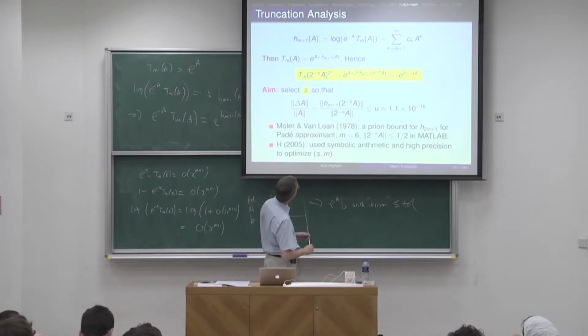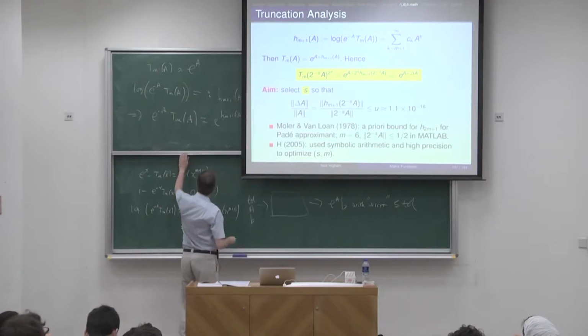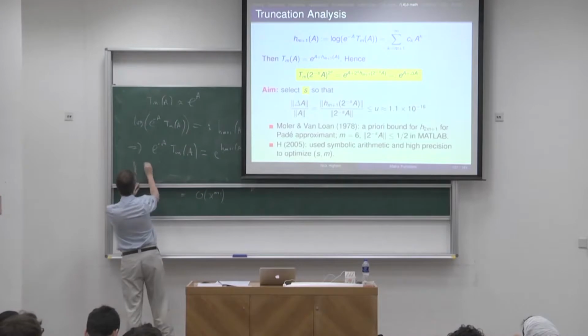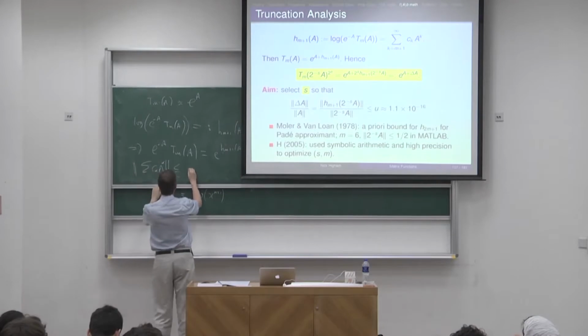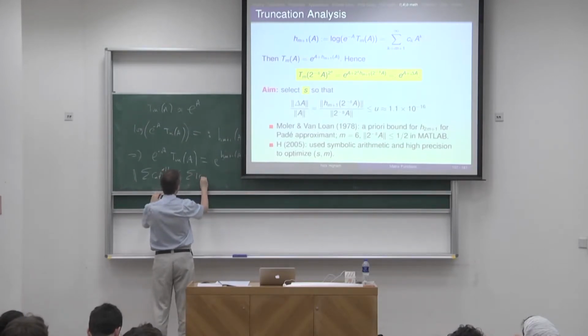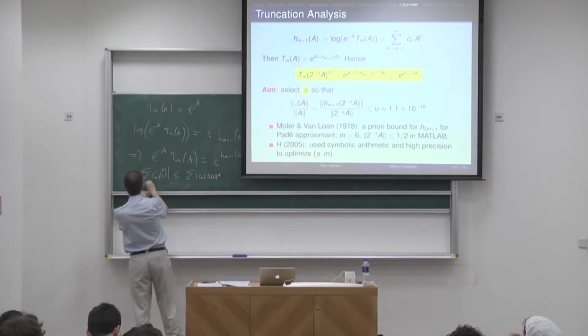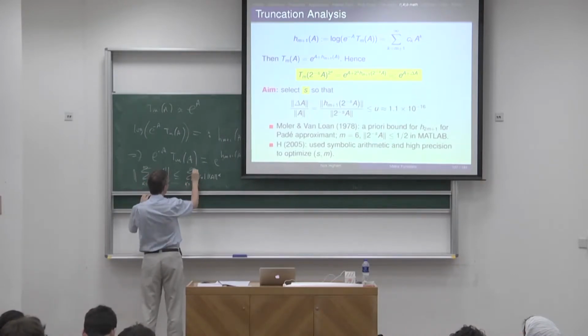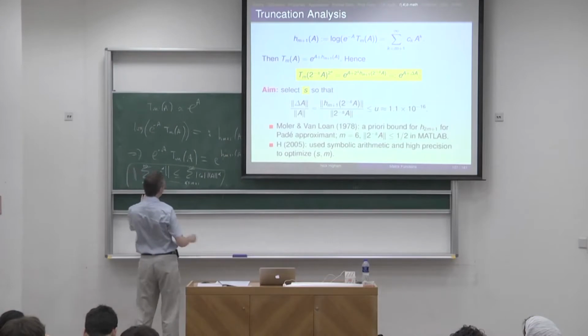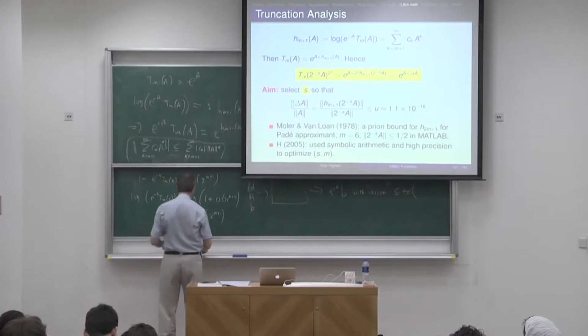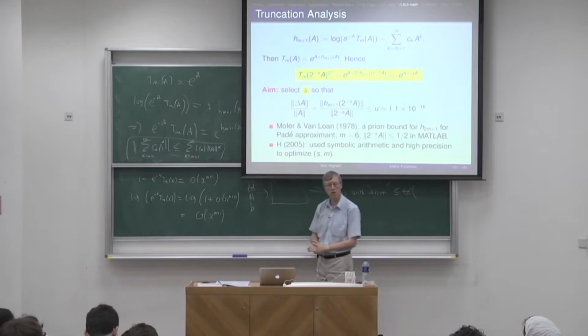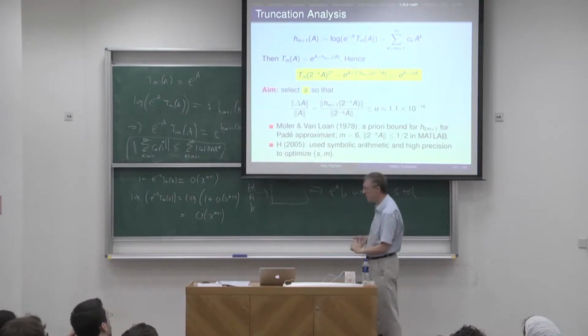So basically what I'm doing is bounding that series by saying that the norm of this infinite series, sum of c_k A to the k, is bounded by the sum of the mod c_k's times norm A to the k, k from m plus 1 to infinity. Just take norms and use the triangle inequality in the obvious way. That's what I did in the 2005 work.